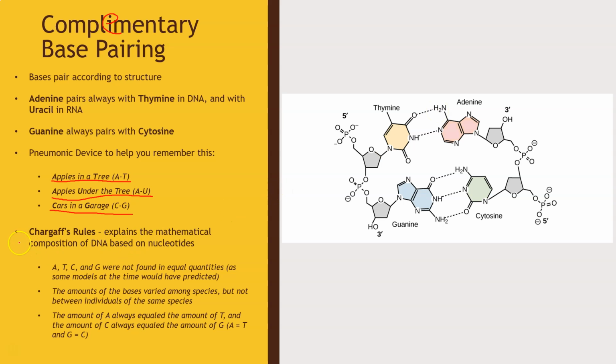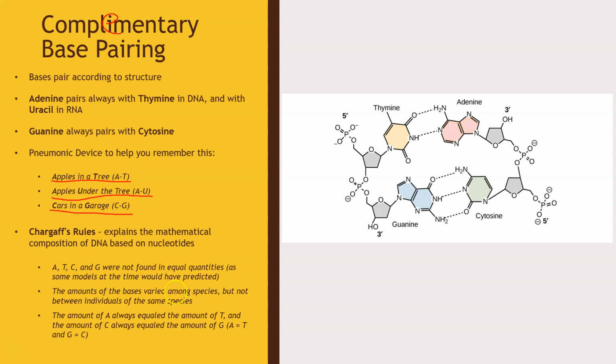Now we have something called Chargaff's rules, which explains the mathematical composition of DNA based on the nucleotides. It was originally thought that the amount of adenine, thymine, cytosine, and guanine were in 4 equal parts. The Austrian scientist Chargaff realized that this was not true, that they were not found in equal quantities.